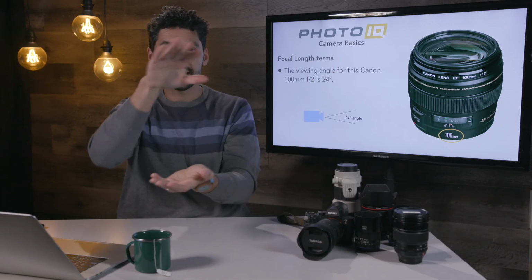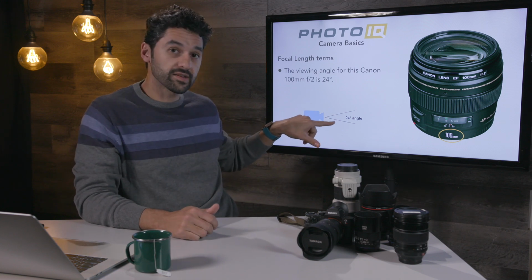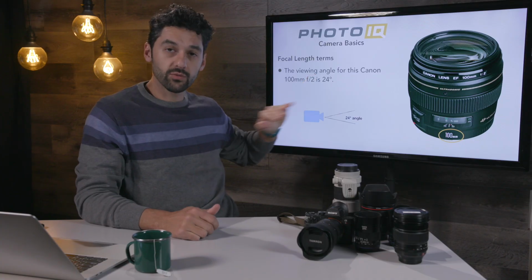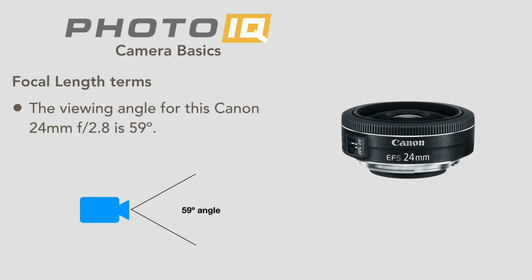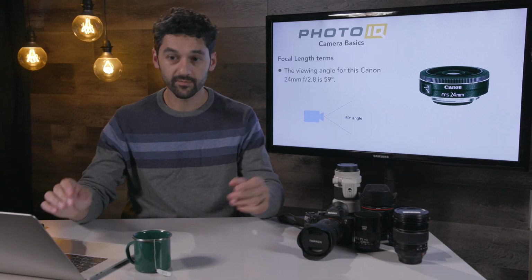It's actually in a circle. So that overhead or sideways representation of this angle of view is the same whether you're top down or on the side. Now by comparison, this 24 millimeter lens has an angle of view of 59 degrees. So you can see the number of the millimeters went down, but the angle of view got bigger.